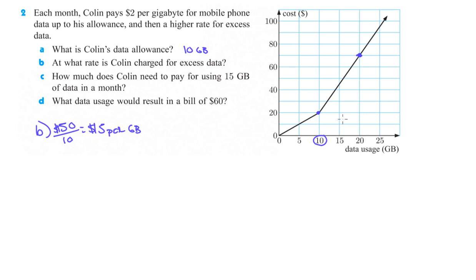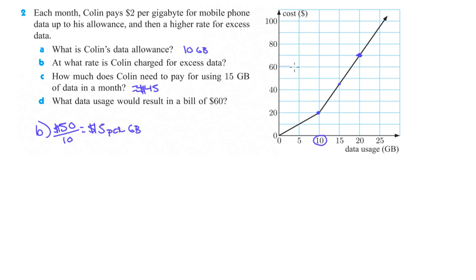Okay. How much does Colin need to pay for using 15 gigabytes of data in a month? Really we can just use this graph to figure that out. We can just go right up here and say, oh, that's 50, that's 40. So it looks like it's about $45 for 15 gigabytes of data. Okay, and then what data usage would result in a bill of $60?